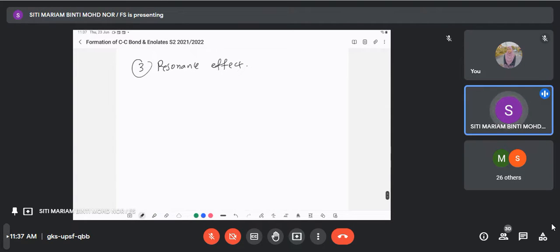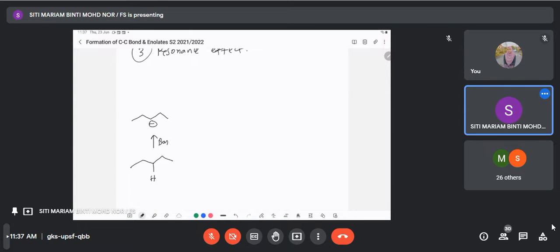Now I want to give you an example. Let's say I have this structure here. I straight away draw the carbanion, but you should know how that carbanion actually forms. You have this proton. When we talk about the acidity of the proton, this is the acid property of this proton.